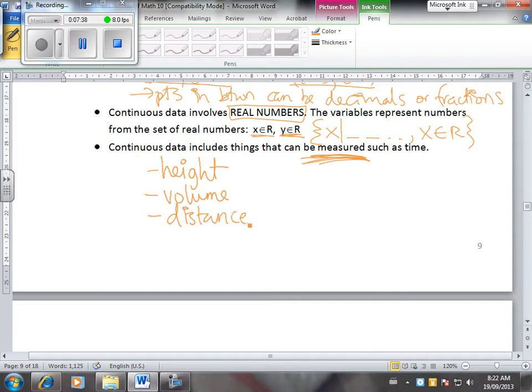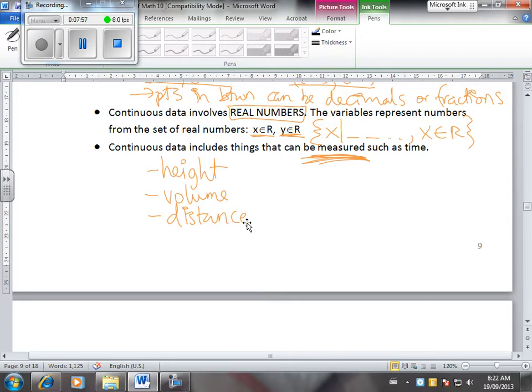And all of these things do not have to be nice, clean, even numbers, right? Like your height, so let's go metric here, you're not either like 170 centimeters or 171 centimeters. If you're being exact, you could be 170.5.